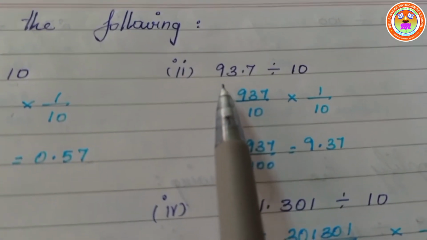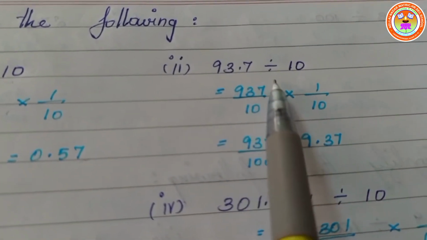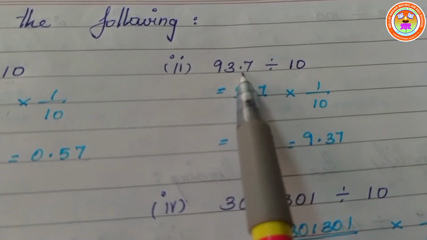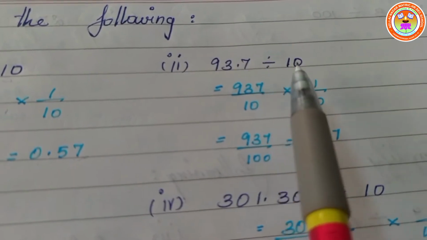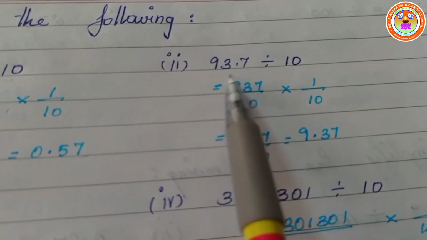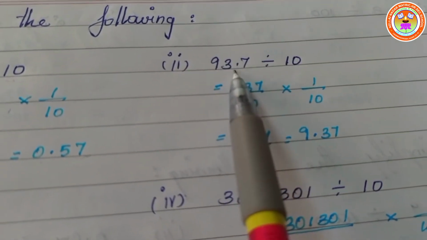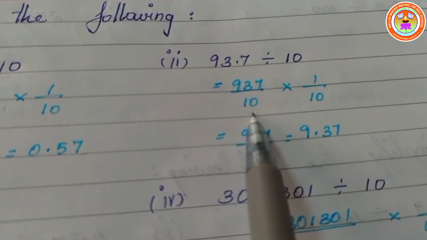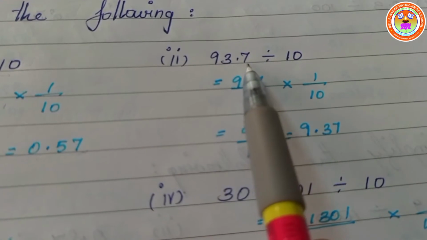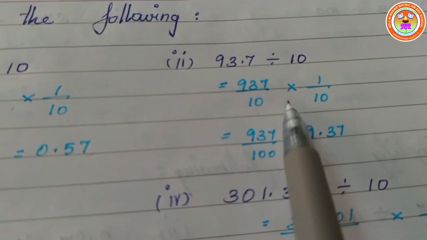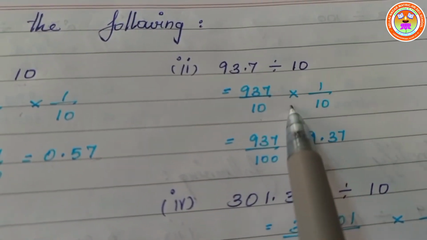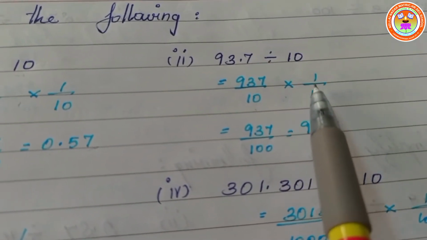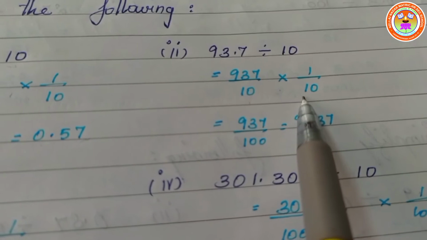So you have here 93.7 divided by 10. Okay, so 93.7 divided by 10. Converting this decimal value into a fraction, that will become 937 by 10 because of one decimal place. Okay, converting this division into multiplication and taking the reciprocal of 10, we have 1 by 10.